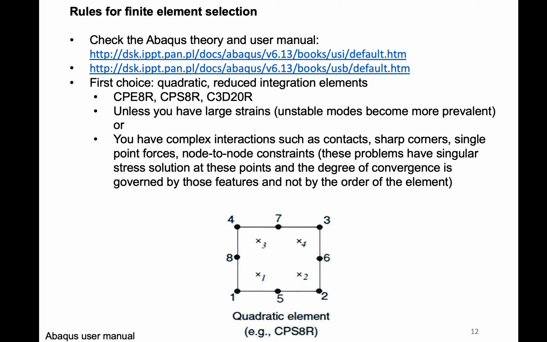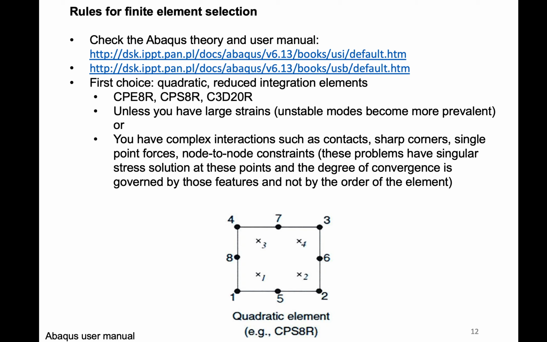As I said, if you have very large strains or you have some complex interactions such as contacts, or you have sharp corners or single point forces or node-to-node constraints, then these problems have a singular stress solution. I showed this last time. If you had this 90-degree corner, then it doesn't matter if you use quadratic elements. Your convergence is given by the fact that you have this 90-degree corner. So then you can use quadratic, but it will give you the same convergence as if you use the linear elements. So just be careful.